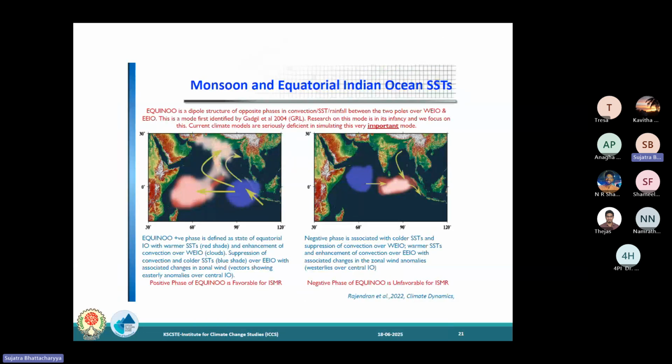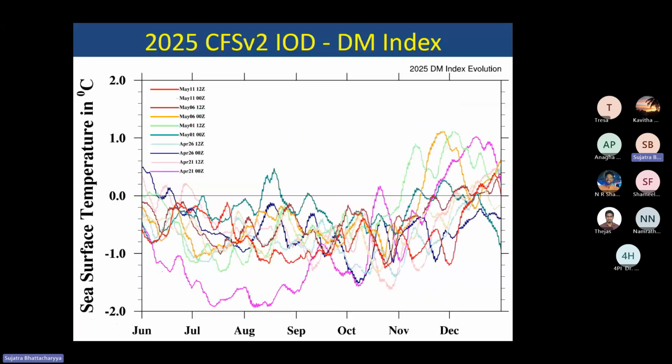We have also seen how this model behaves, though there is no such relationship in reality. Many other global centers show that the IOD is either neutral or, in the later part, slightly positive, but in our model it is entirely opposite. All the runs show the opposite phase, but the observation doesn't show that.